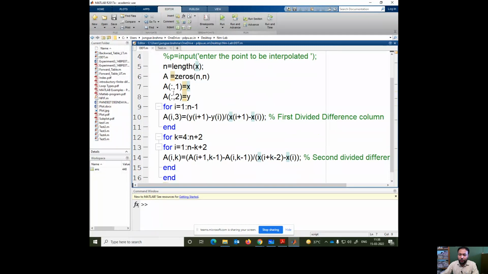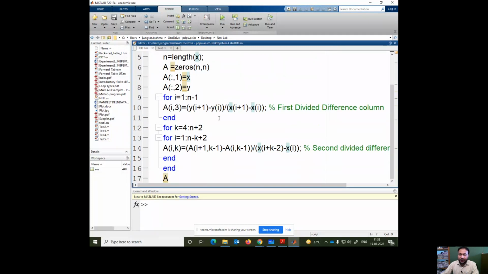And we did the for loop algorithm to get the first divided difference column in the divided difference table, from the fourth column onwards. This was the algorithm that we developed in the previous practical class.